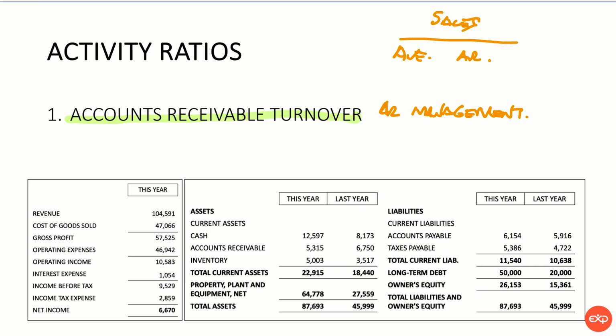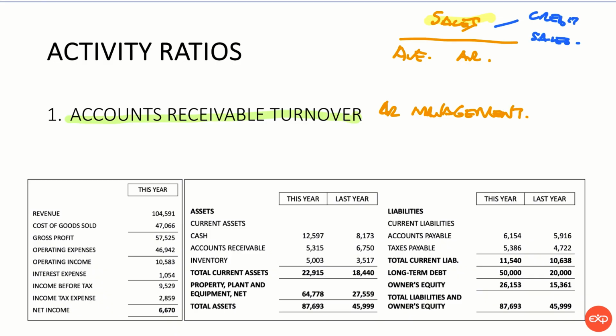Just as a caveat, I do want to point out something with regards to sales, because this is not just total sales. With the calculation of accounts receivable turnover, it actually is a very specific sales. We are looking at credit sales. It doesn't include any of your cash sales.